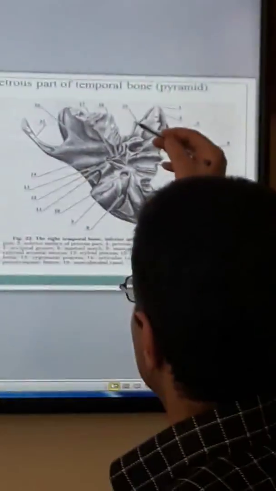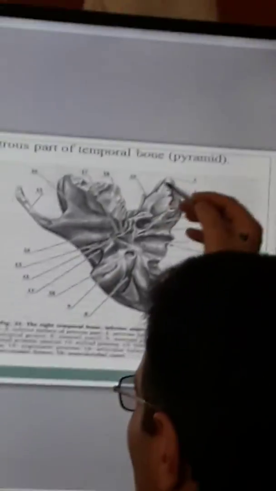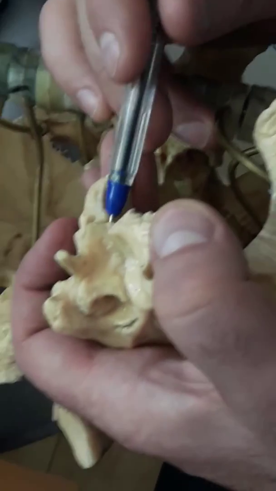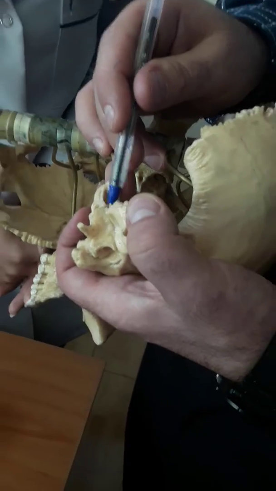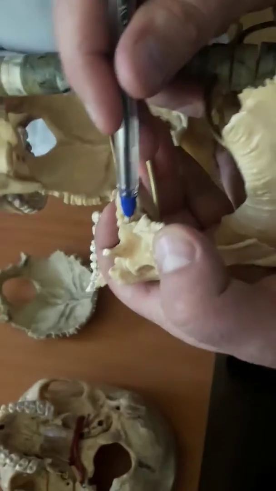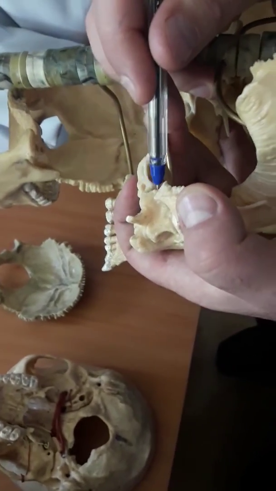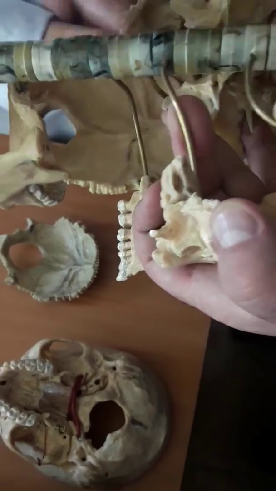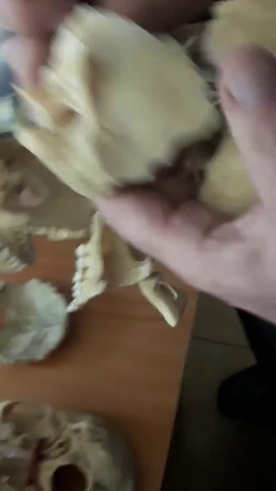Yeah, it is 19.1, guys. Not so well visible, but here maybe it's a little better. It is the musculotubular canal. The musculotubular canal is divided into two parts. Above we have the muscular one, below we have the tubular one. Together we call it the musculotubular canal. This is about the petrous part.